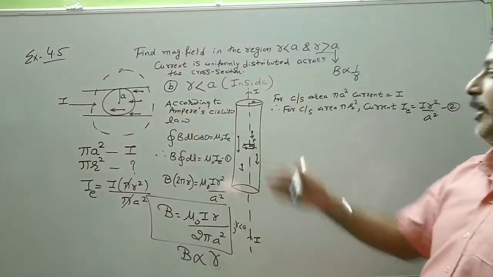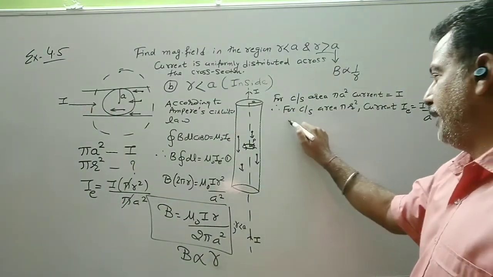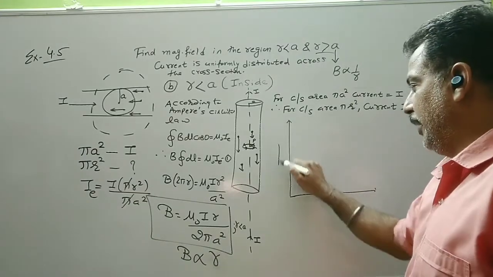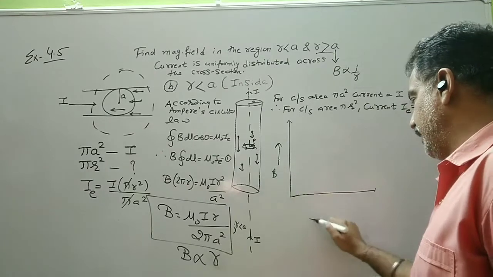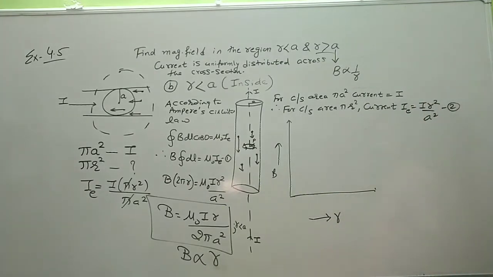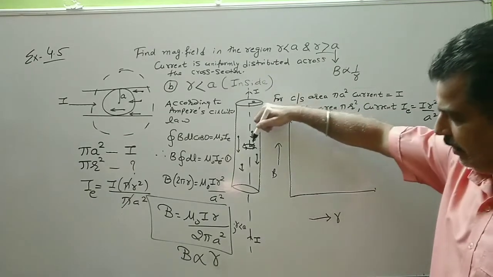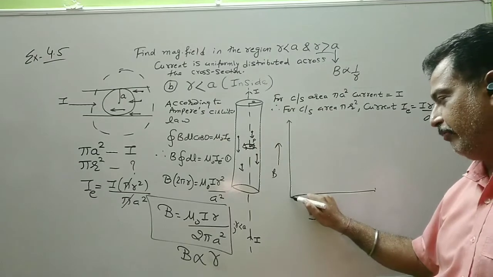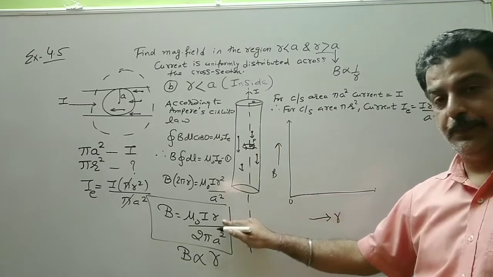Now let us plot the graph. So let this graph be B versus R, where R is the distance of a point from the center. So if our point is on the axis of this wire, the magnetic field intensity is 0.